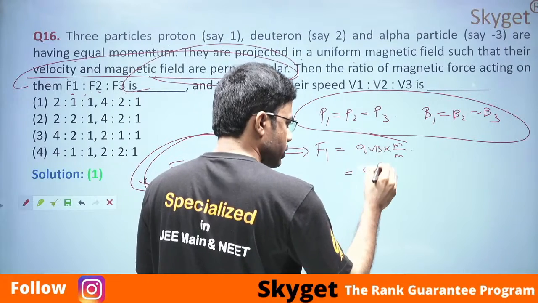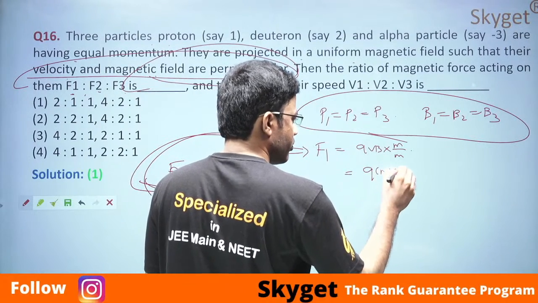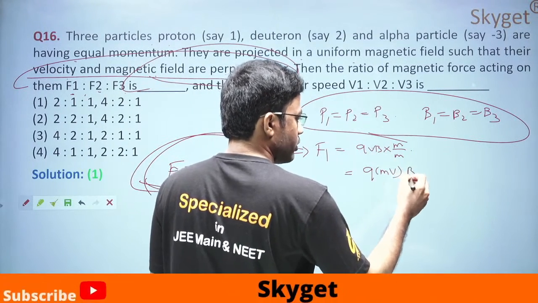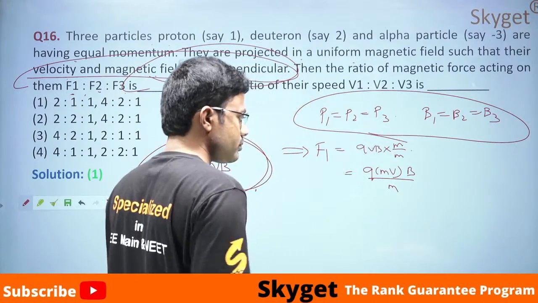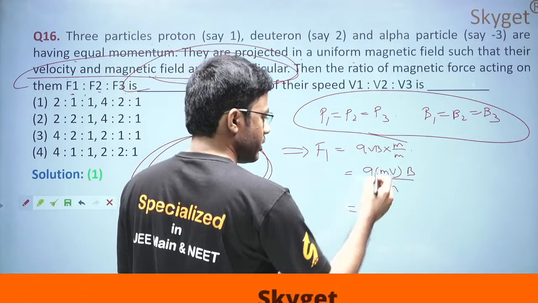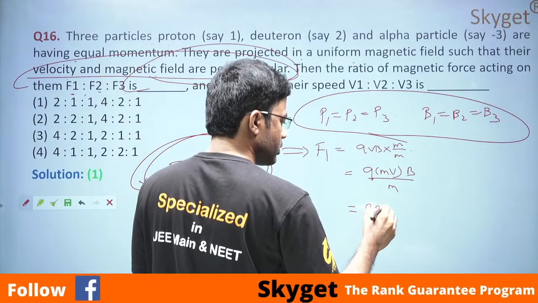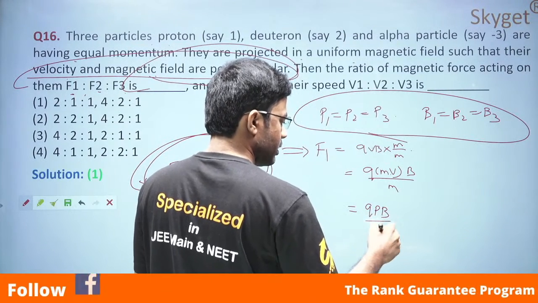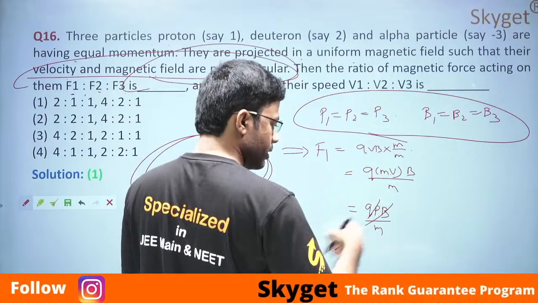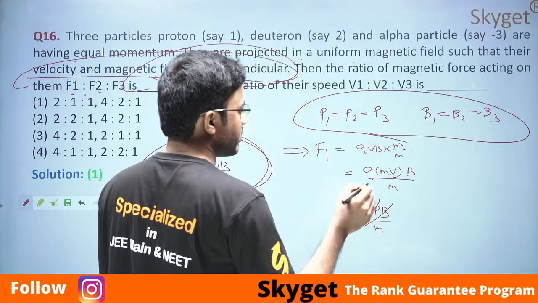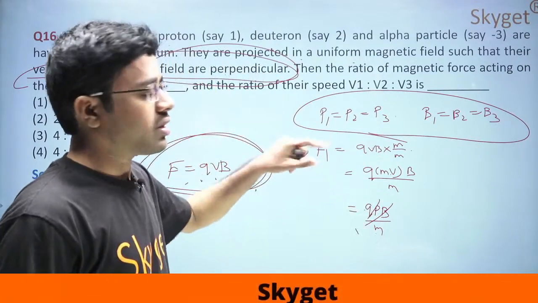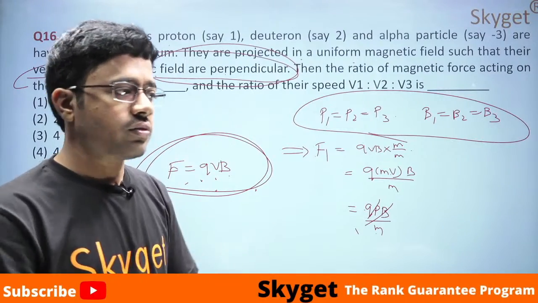Then it becomes q into m v into B by m. Here m v is linear momentum. Linear momentum is constant, the applied magnetic field is constant, and if you find the charge by mass ratio, then you can find the ratios of force.